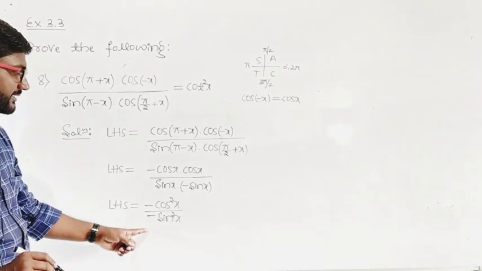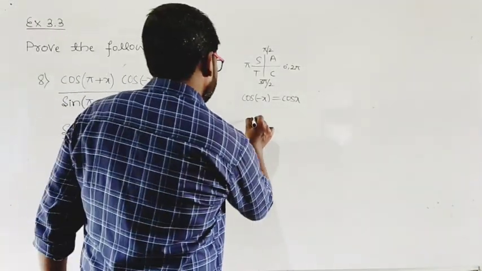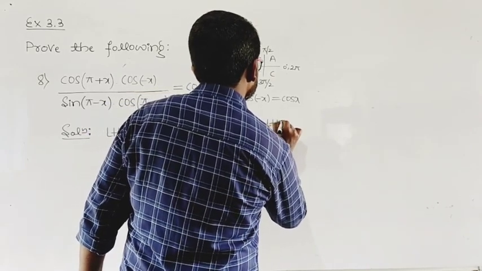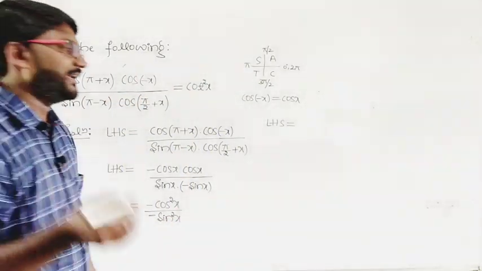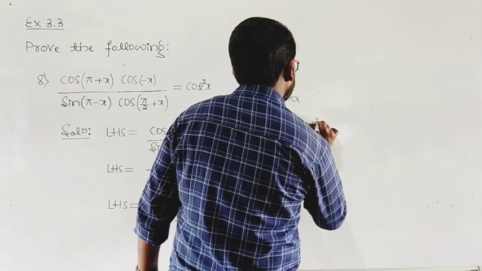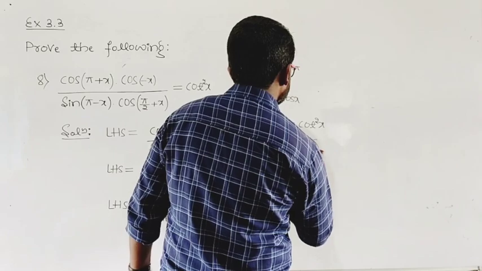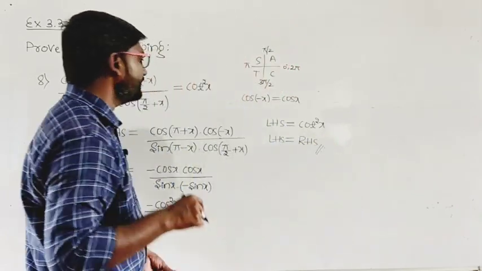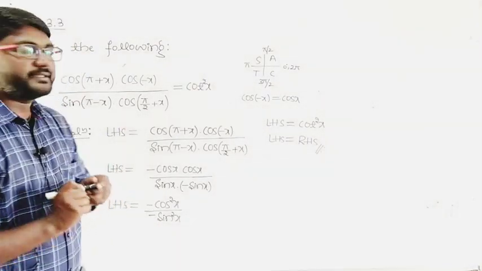Now minus by minus it is plus, then LHS, which is equals to cos square x divided by sin square x will be cot square x. So it becomes cot square x. So this is the required RHS. So here we have proved that left hand side, which is equals to the right hand side. This is all about the 8th problem.